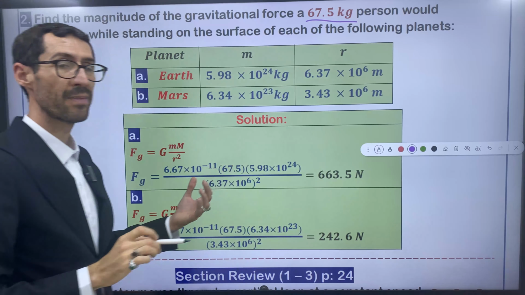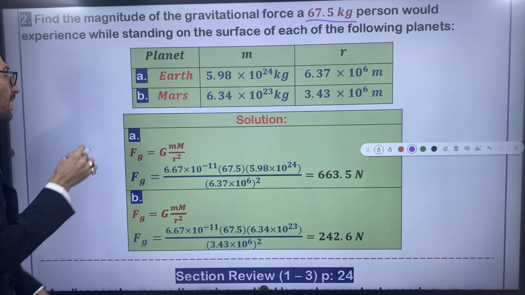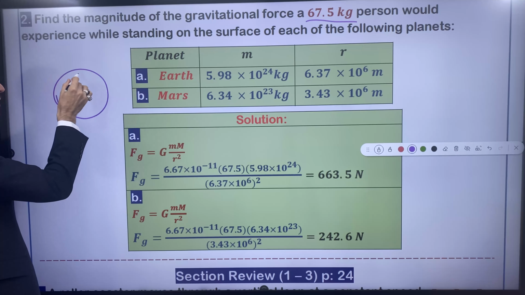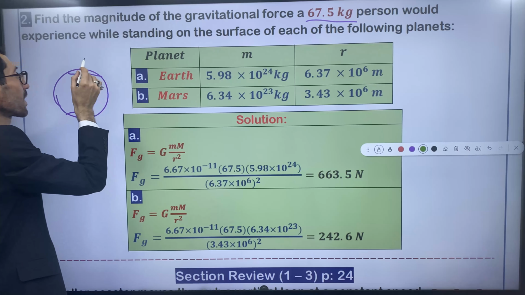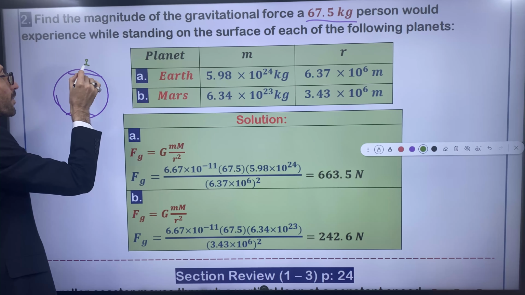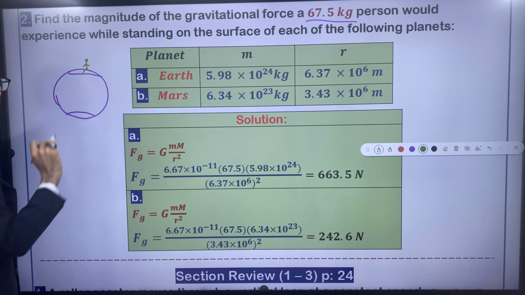There's a person. The person stands on the surface of a planet. For example, this is our globe, our planet. The person stands here above the surface of Earth. The mass of a person is m small. The mass of the planet is M capital. Or you can say M1, M2, no problem. It doesn't matter. So first of all, about the Earth, the mass of Earth is given in the table.